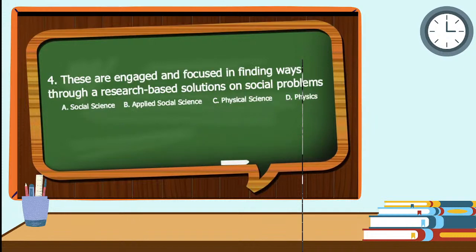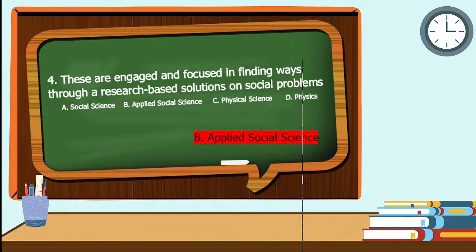All right, number 4. These are engaged and focused in finding research-based solutions to social problems. Letter A, social science. B, applied social science. C, physical science. Or D, physics. You got it right.